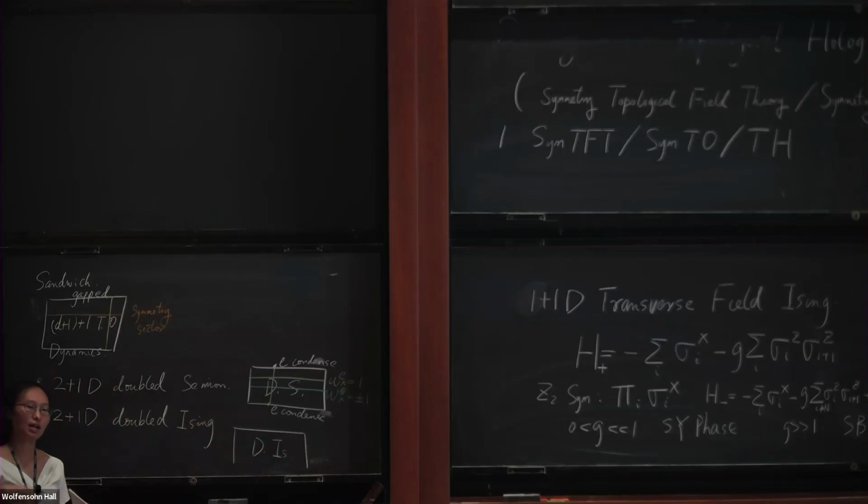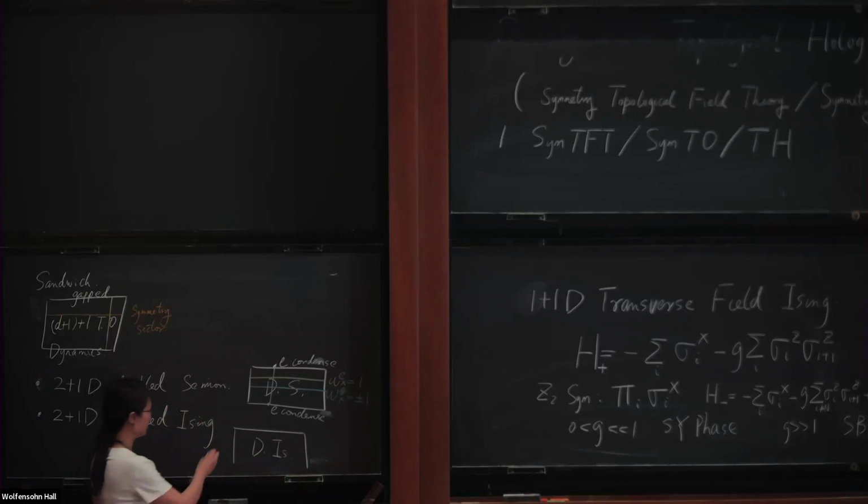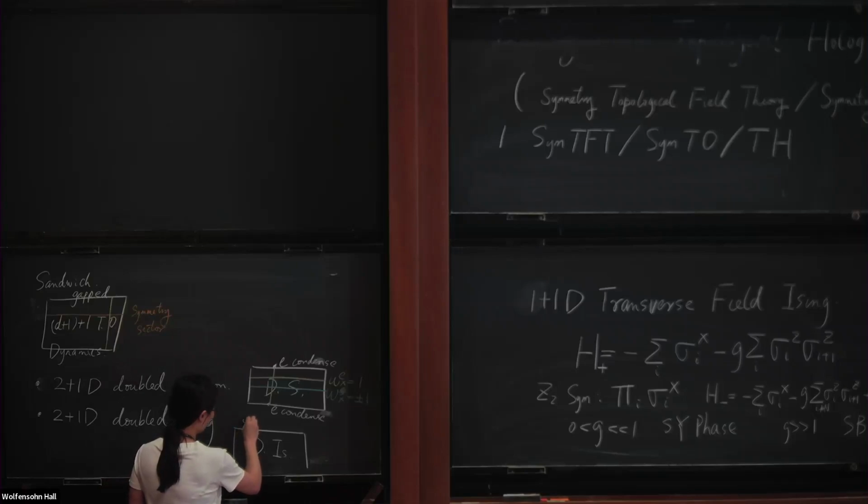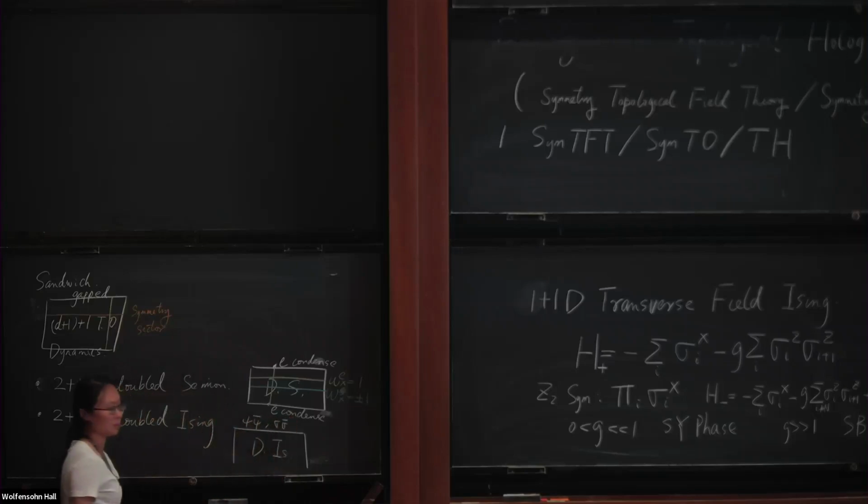Okay, so if we choose the chiral version, of course, the boundary will be chiral. But if we choose the doubled version of the topological order, then the top boundary can be gapped out. And there's actually only one way to gap out the top boundary of the double Ising, which is by condensing all the doubled anyons. So it's condensing both psi bar and sigma bar.